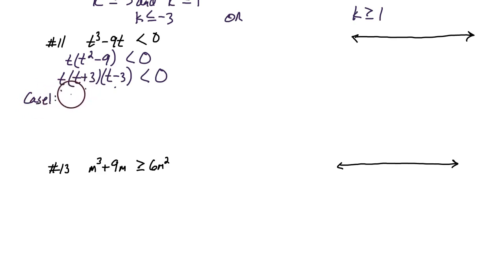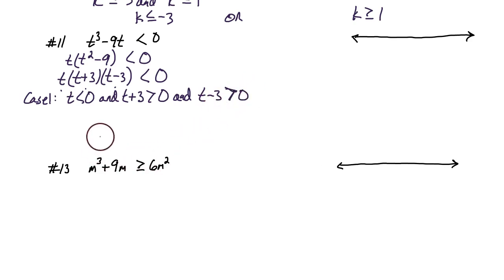Case number 1, maybe the t is negative, but the other two are both positive. If one of them was negative, but these two were positive, then when you multiply all 3 of them together, you would get a result less than 0. Case number 2.